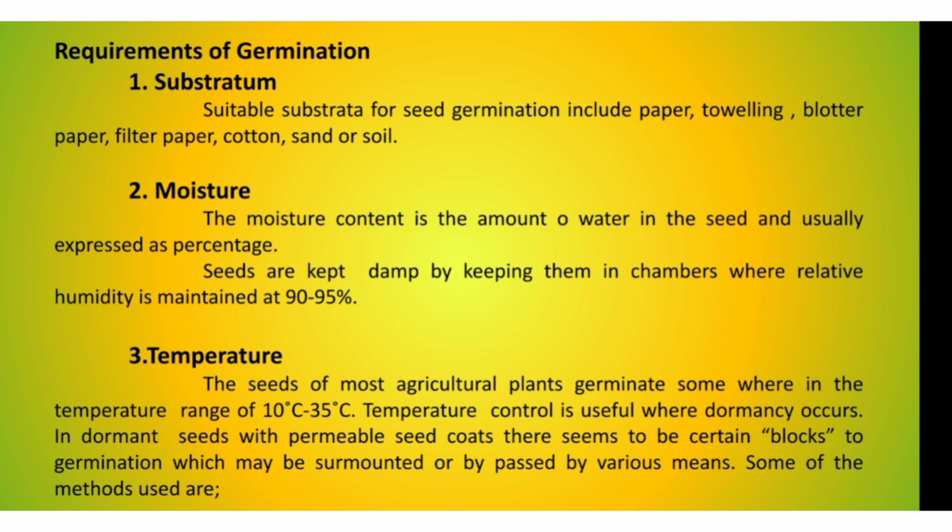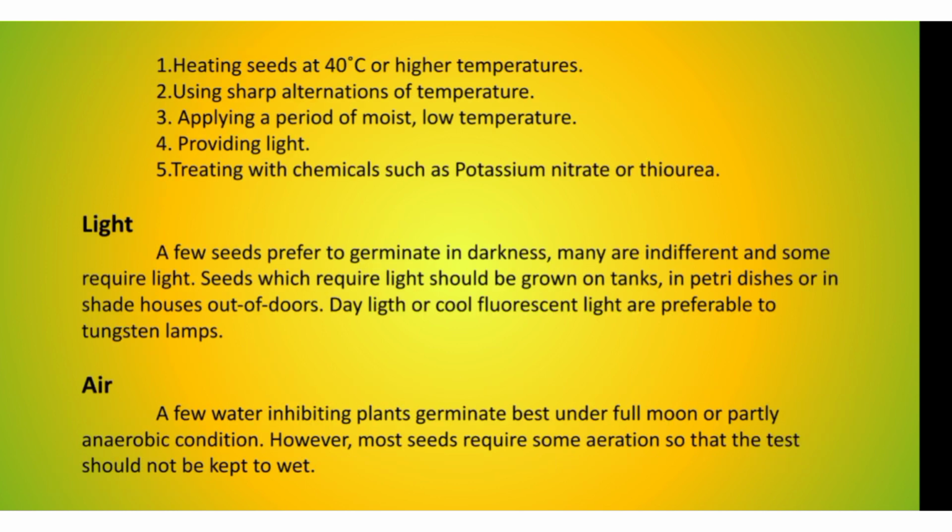Some of the methods used are: first, heating seeds at 40 degrees Celsius or higher; second, using sharp alternation of temperature; third, applying a period of moist, low temperature, which is vernalization.